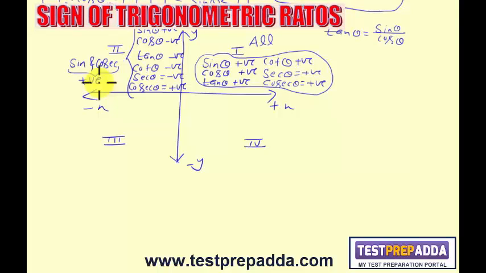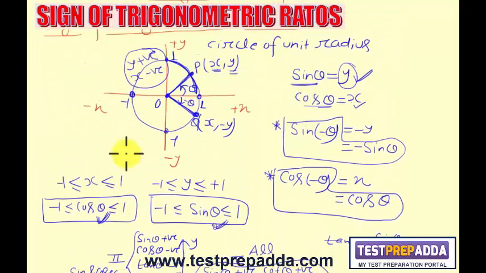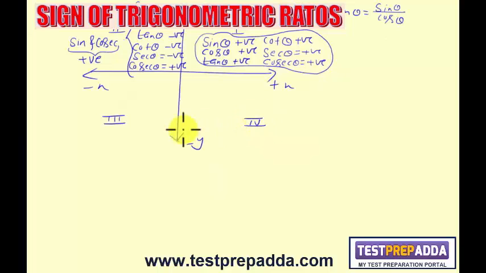Got the idea? Now we will talk about third quadrant. Go back to check the unit circle. Here what can we say? Here in this third quadrant, x negative, y negative. Both coordinates are negative, and that is why sine theta, cos theta, both these trigonometric ratios will be negative.